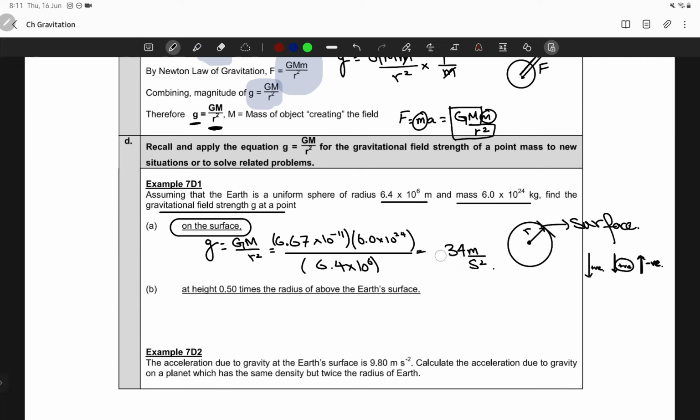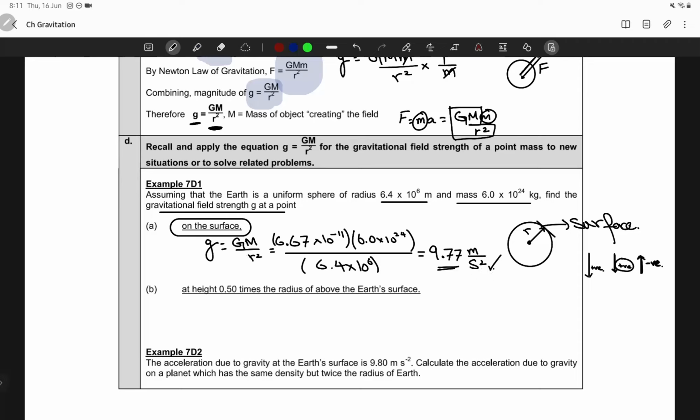Sorry, it is not 4.43, and it should not even be that. If you solve this in the calculator, it comes out to be 9.77 meters per second squared, and that's something you expect, right? Because we are very familiar with the acceleration of gravity being around 9.8 meters per second squared. So that's a very okay answer for the gravity on the surface.